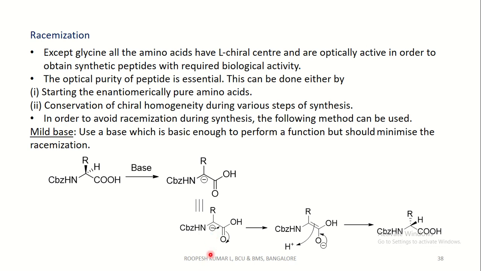This undergoes enolization to give an R isomer, and you can see here from the L isomer to the R isomer. So here there is racemization. It should not happen. Hence we should use mild conditions instead of a strong base and strong harsh conditions, so that even after reaction you get the L isomer, as in the starting material.